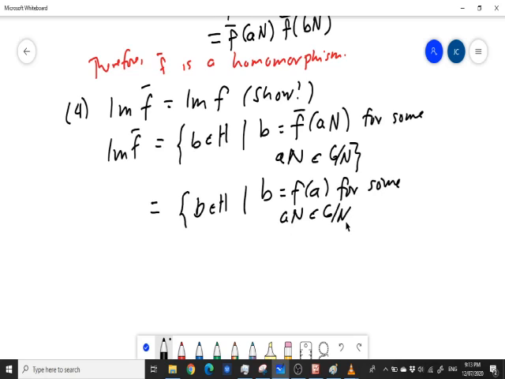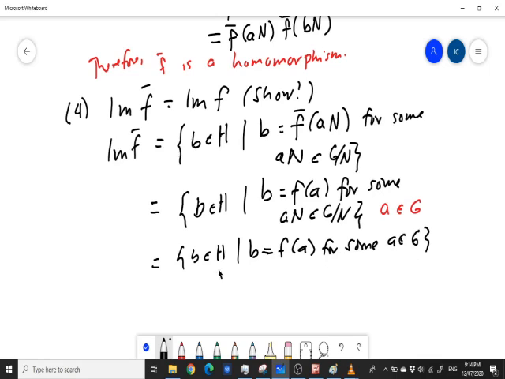Of course, if a n is in G mod n, then it implies that a is in G, right? So you can write p in H such that p equals f of a for some a in G. And this is definitely basically the definition of the image of f.